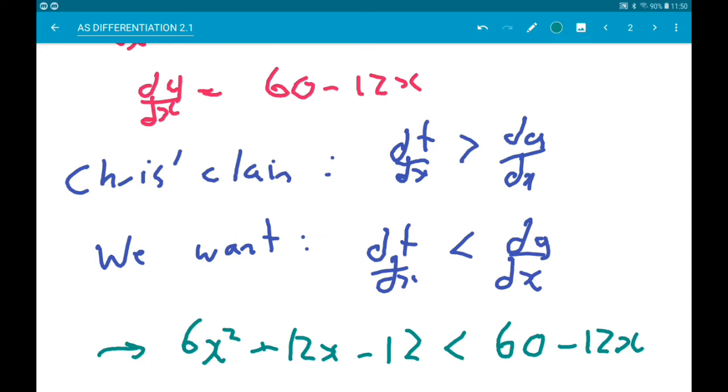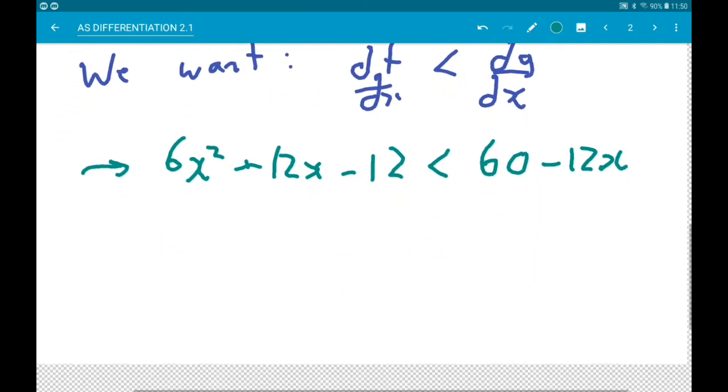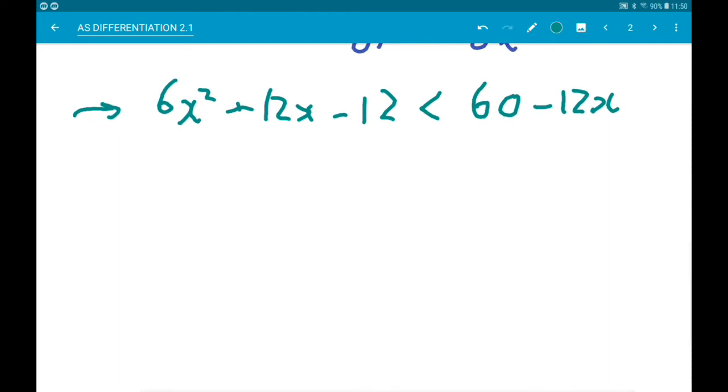So this is now a quadratic inequality which we need to solve. So let's get everything over onto the left. So we're going to have 6x squared. Now we're adding 12x to both sides, so we then have plus 24x.